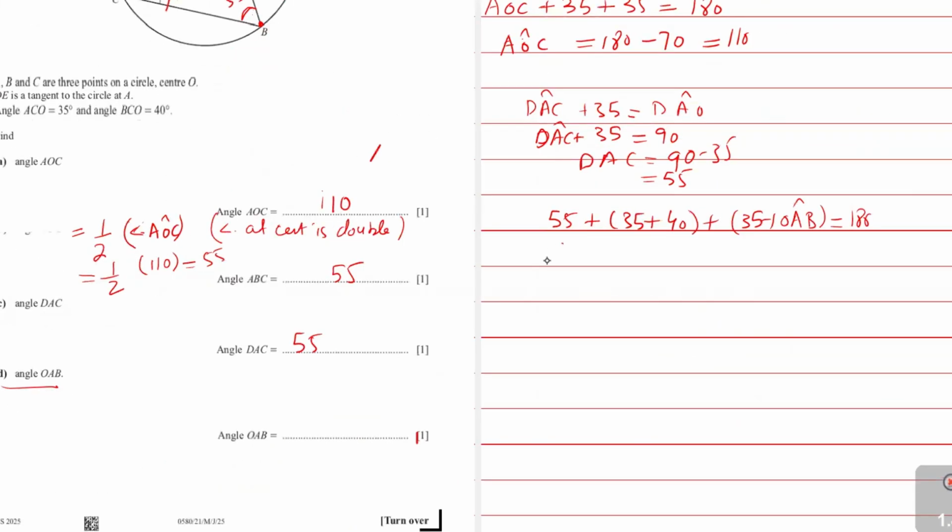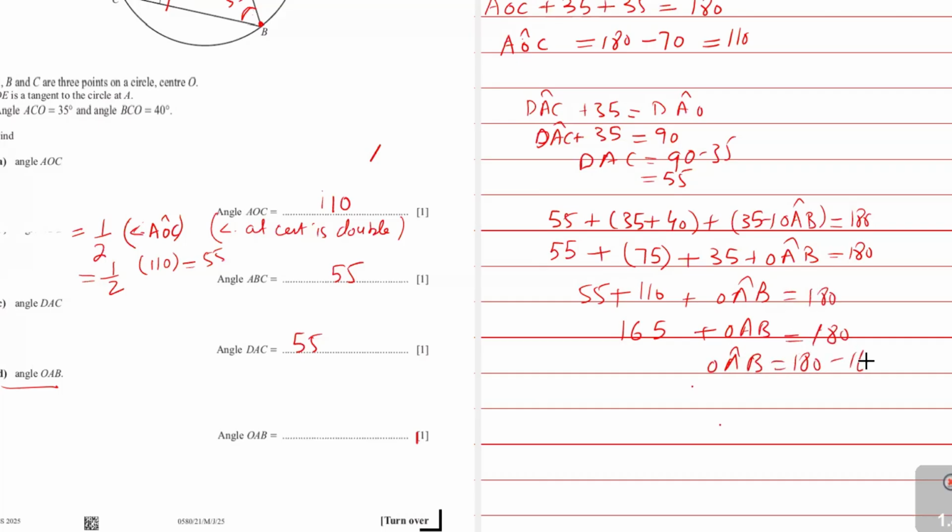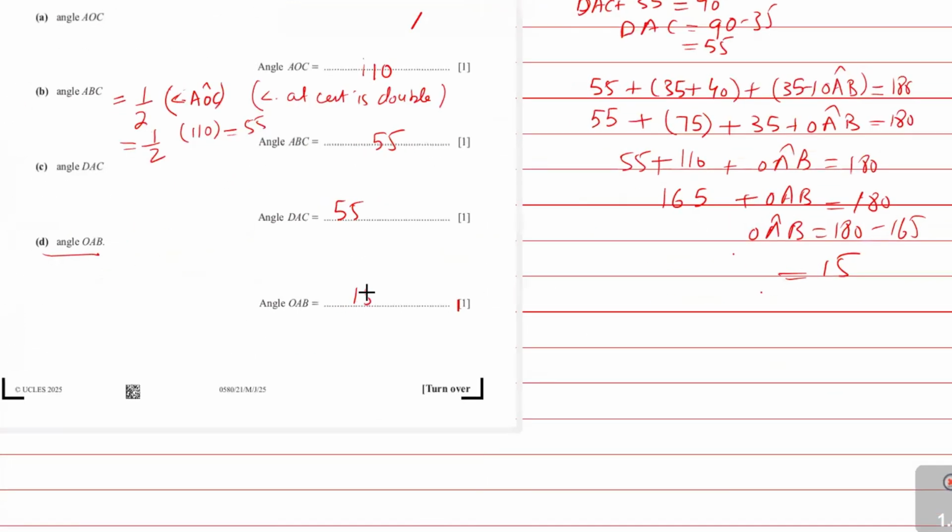And we get 55 plus 75 plus 35 plus OAB angle equal to 180, and we can write this 35 plus 75, this would be equal to 110 plus 55, this will be equal to 165, and this is 165 plus OAB, and this will be OAB would be equal to 180 minus 165, and this is 15, and we can write this 15 is the answer.